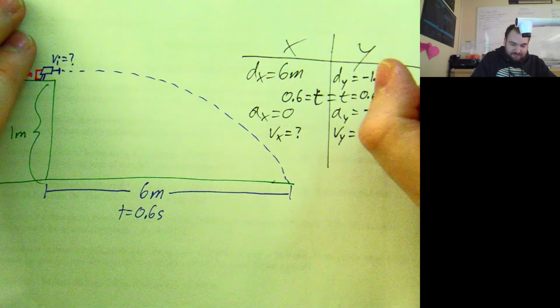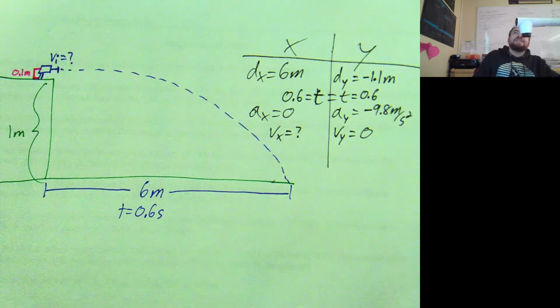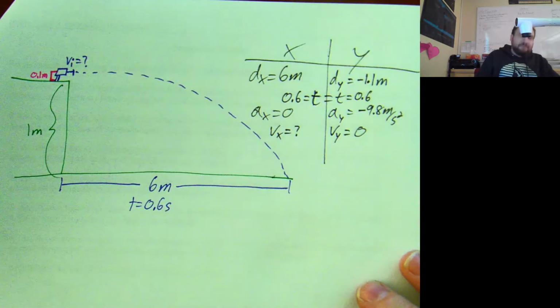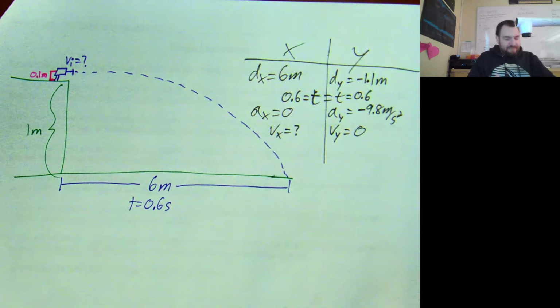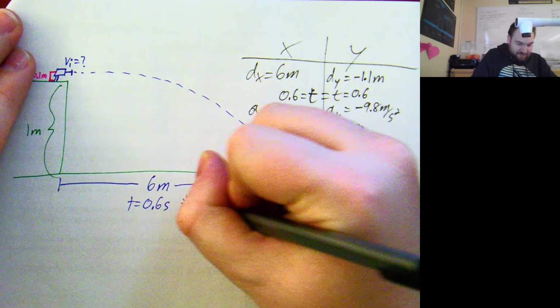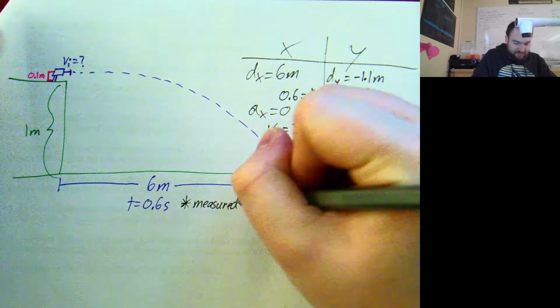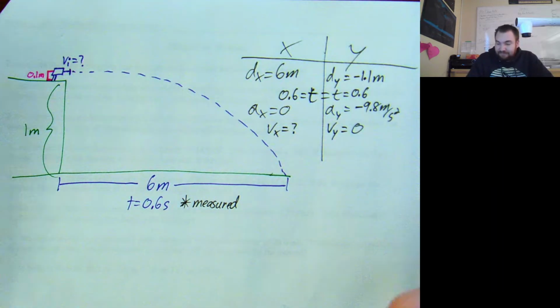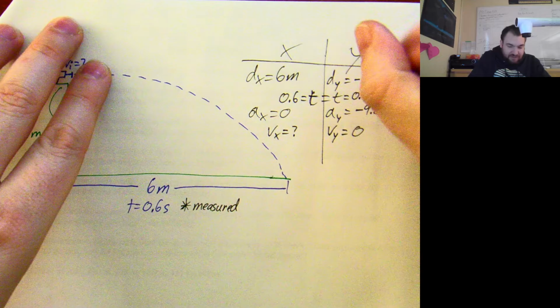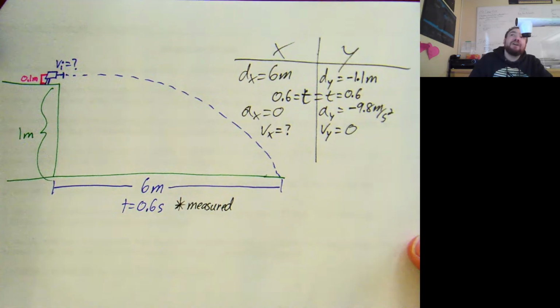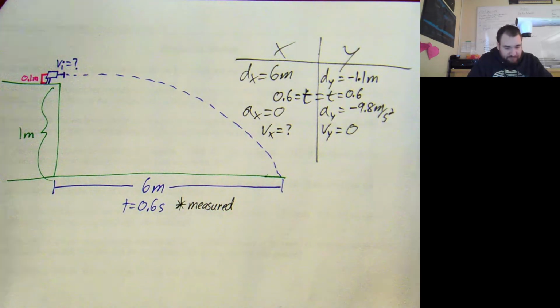Oh, Vy0 is 0. Okay, so this is the situation. This value here was measured. So assuming that that's true, what's the velocity of my gun? The initial velocity of the dart.